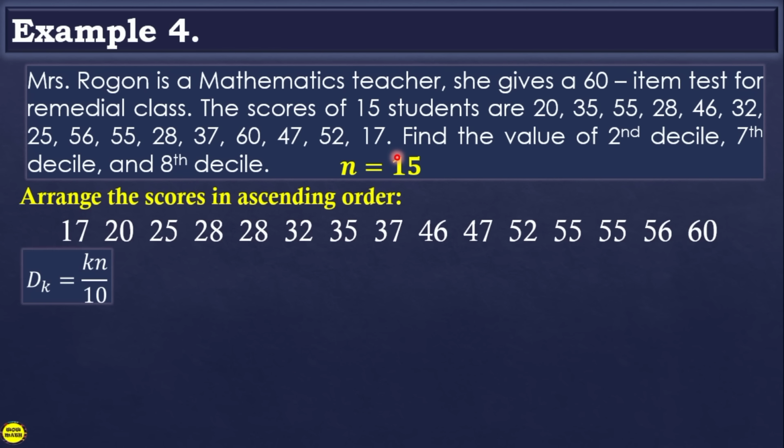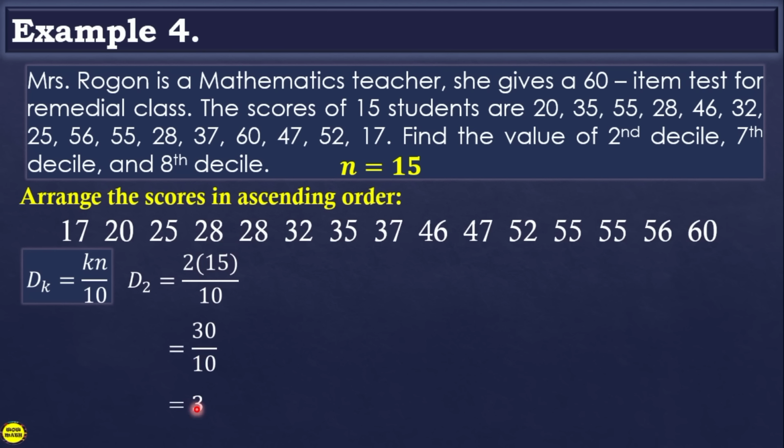So, using the formula k times n over 10, we first get the second decile. What we substitute for k is 2, since we are computing the second decile. And our n here is 15. So, 2 times 15, that is 30. 30 divide 10, the answer is 3.